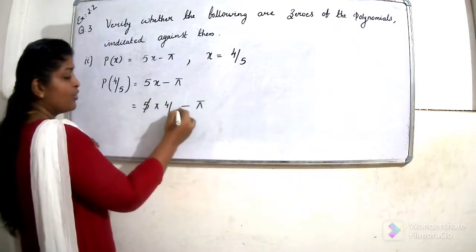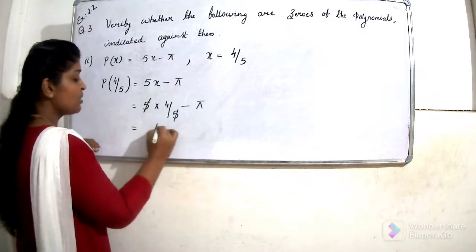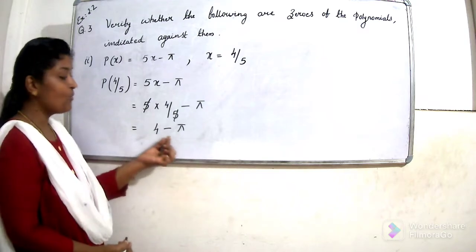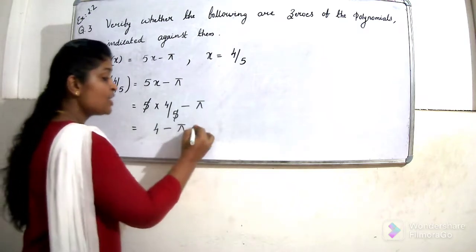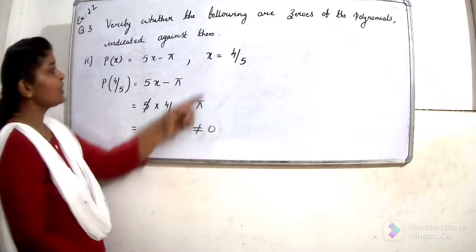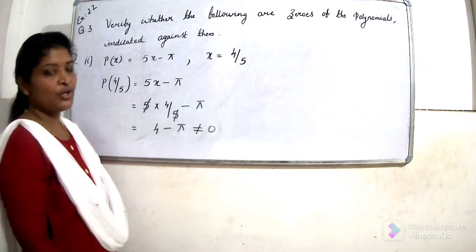This 5 and the denominator 5 both will cancel out. What is the balance? 4 minus pi. And we know 4 minus pi is not equal to 0. So we can say 4 by 5 is not the 0 of the polynomial.